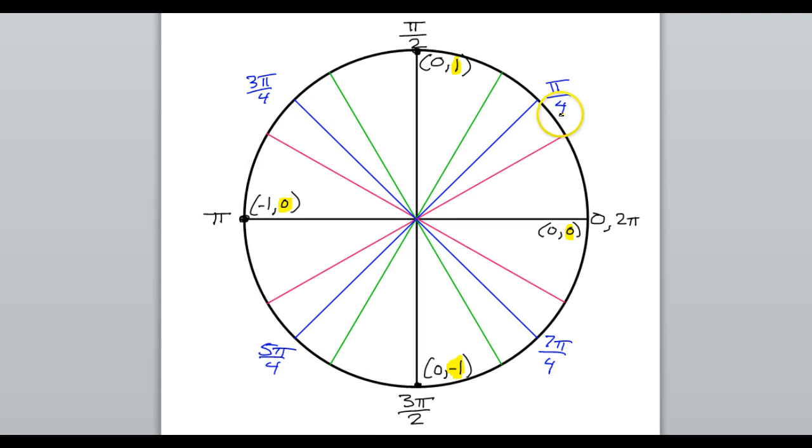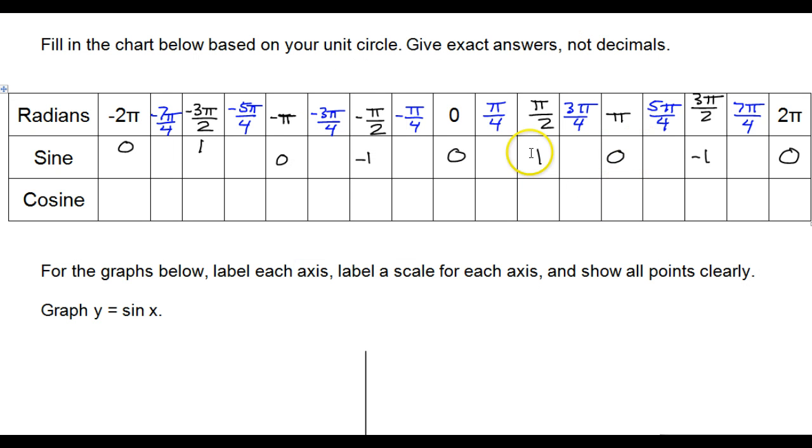Now let's talk about the multiples of pi over 4. We've memorized the sine of pi over 4. The sine of pi over 4 is 1 over radical 2, or you could write radical 2 over 2, which is the same thing, but that's the way I'm going to write it for today.